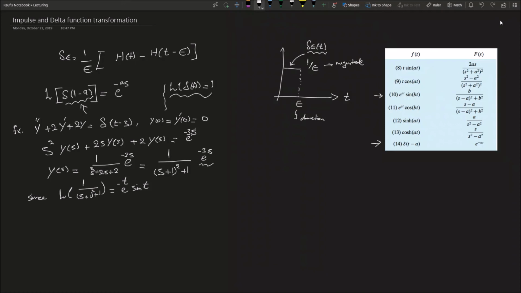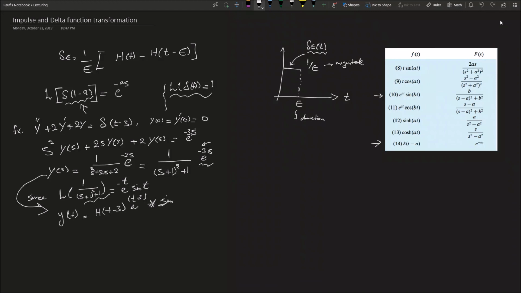Okay, since that's the Laplace transformation for this term of the equation, what is the y of t then? The y of t can be written as a reversed shifting for that equation: h of t minus 3, which is a here, multiplied by e to the power of minus (t minus 3), multiplied by sine.